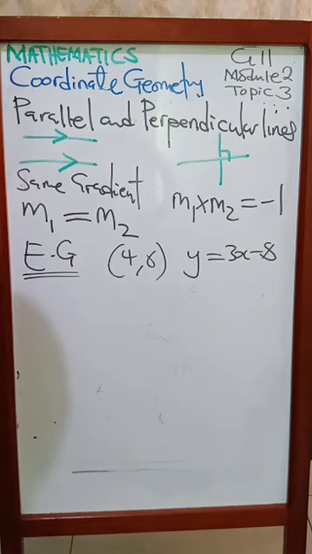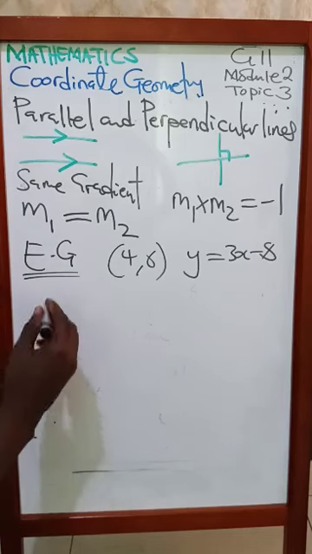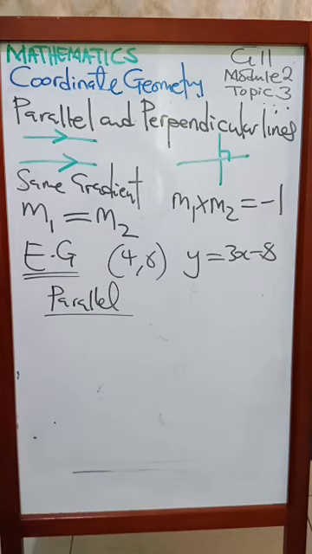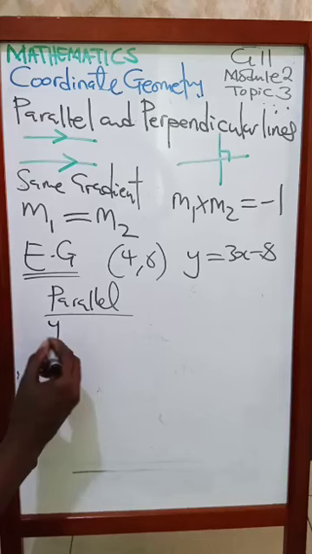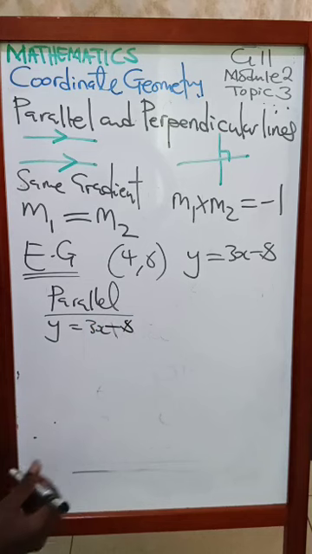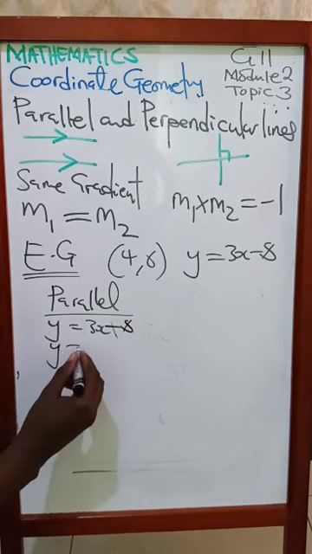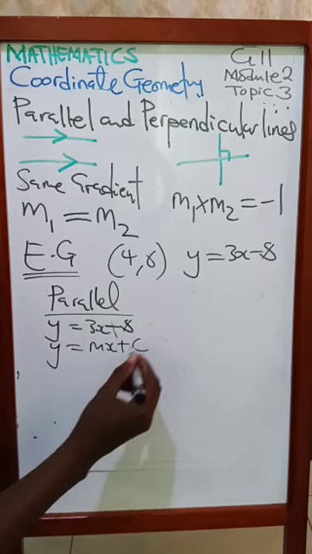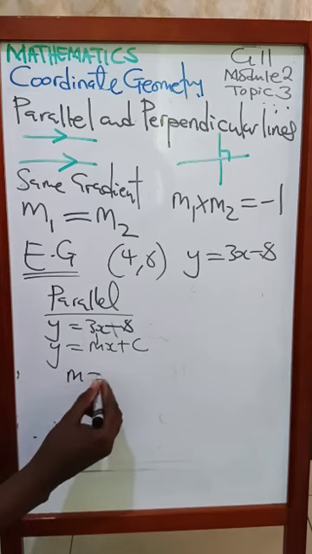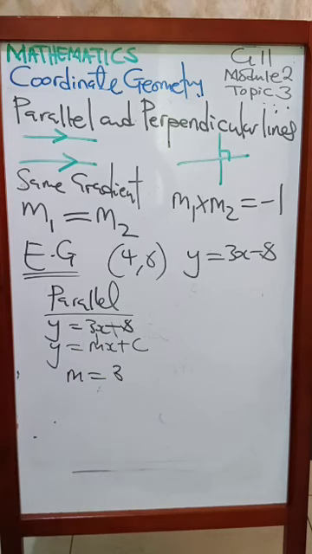The first thing we are supposed to do, if we are looking for a line that is parallel, is find the gradient. The equation is y = 3x - 8. Remember, the general equation is y = mx + c. This simply means that the gradient here is 3. So the gradient of the parallel line we are looking for is 3.